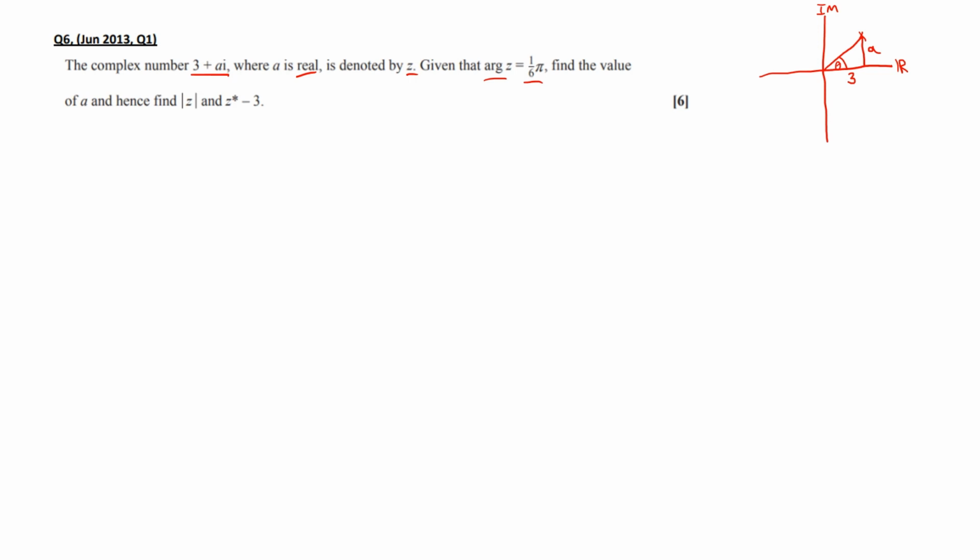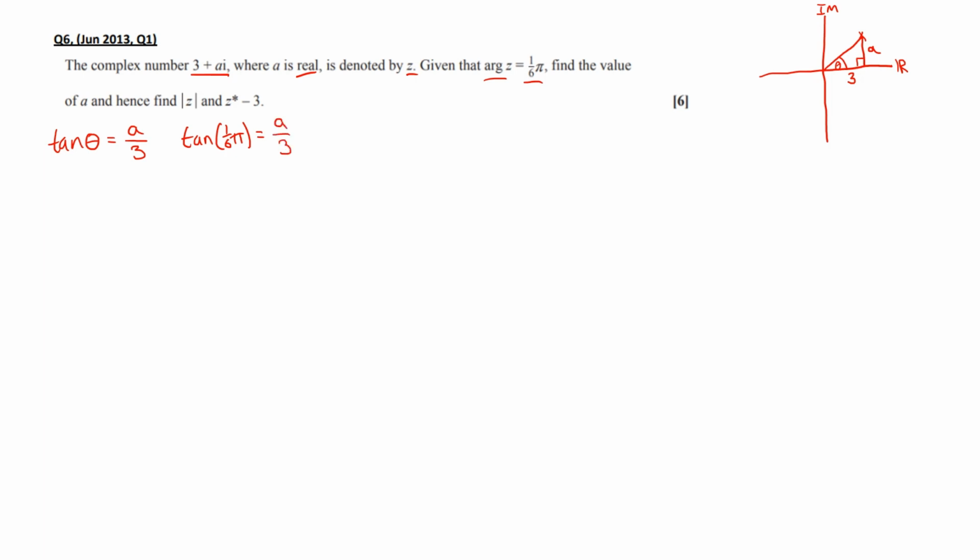So if we know that this is a right angle, then tan theta is equal to opposite, which is going to be our a, over our adjacent, which is 3. We also know what theta is, so we can sub that in. So we can say that tan of 1/6 pi is equal to a over 3.